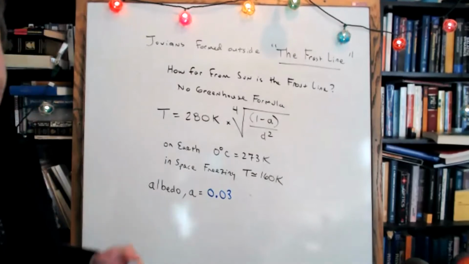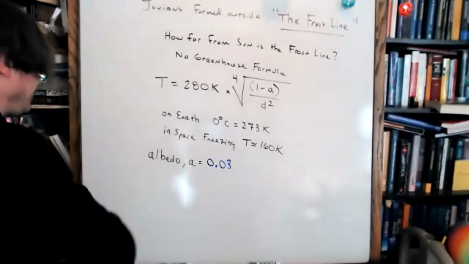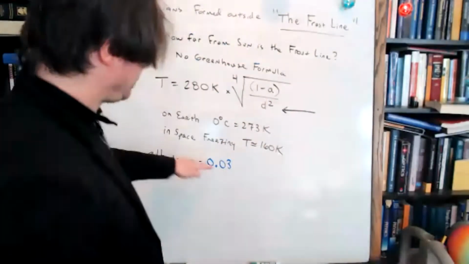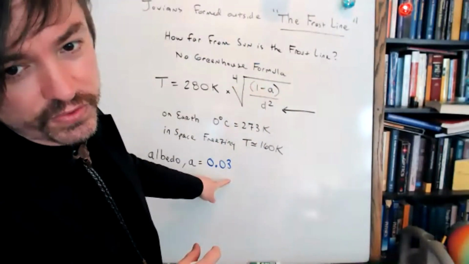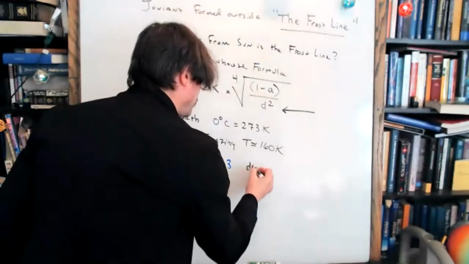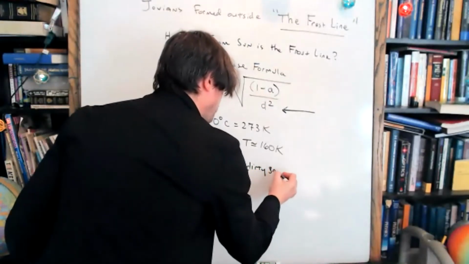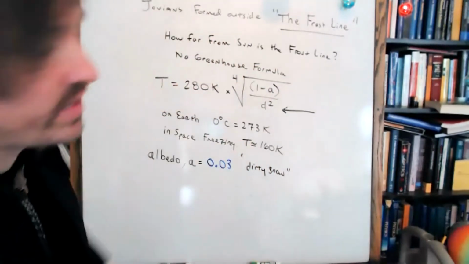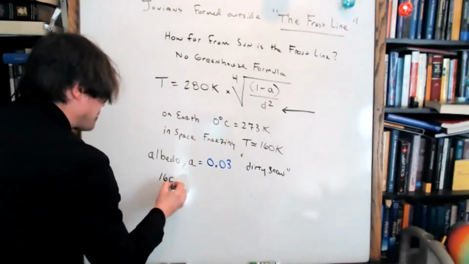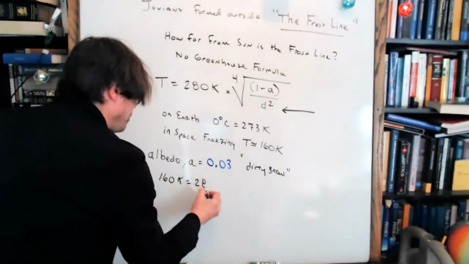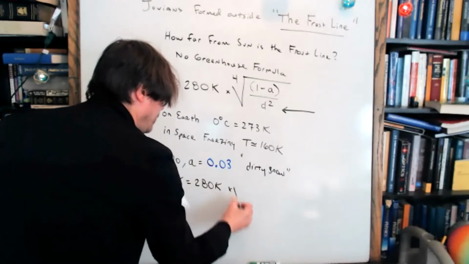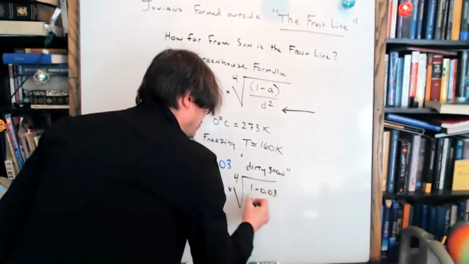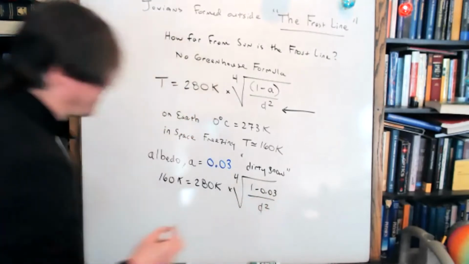All right, now we can go about calculating the frost line. The frost line will be a distance based on the darkness of the snow, 3%, which we're going to call dirty snow, and the temperature, which will be in space 160 Kelvin. 160 Kelvin equals 280 Kelvin times the fourth root of 1 minus 3% over the distance squared.